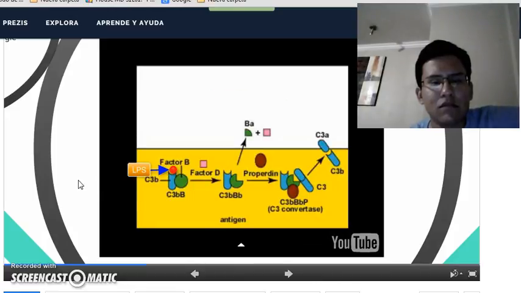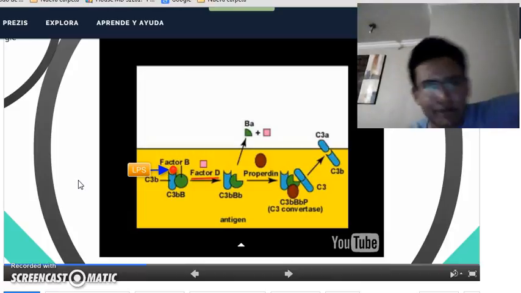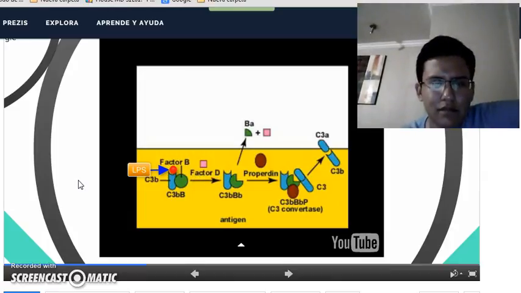Once it has been bound, another factor rises up called factor D. Factor D will cleave another protein called factor B. Factor B will be divided into Bb and Ba. As you see, we differentiate them by small and big letters.